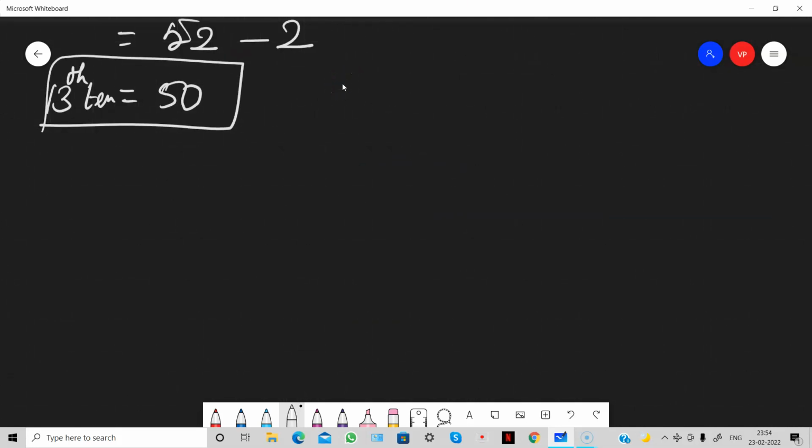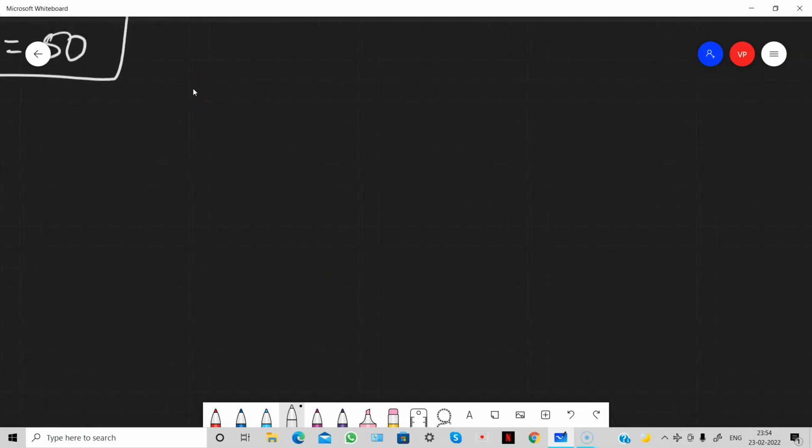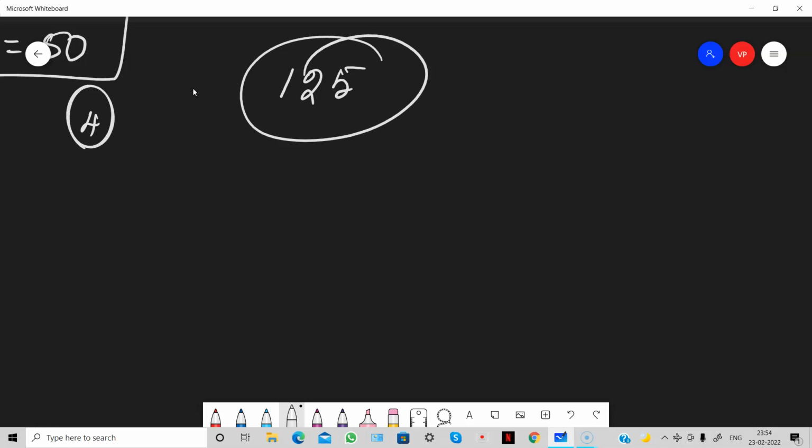Okay. So we have done two questions. The first, find the 40th term. The last question, 50 is the term, and you find the position, right? So now, the fourth problem. They want to check whether 125 is in the sequence.